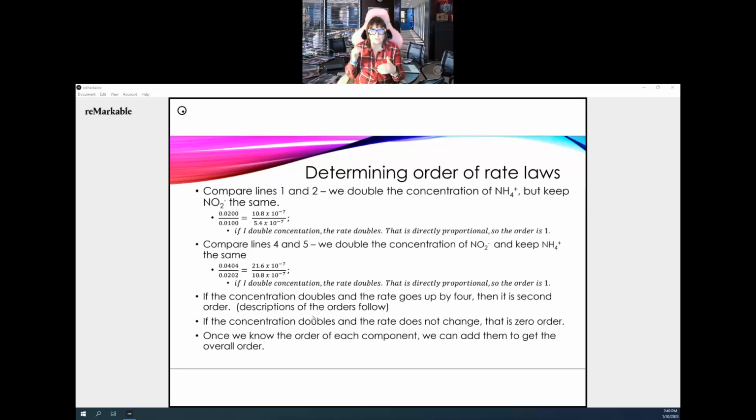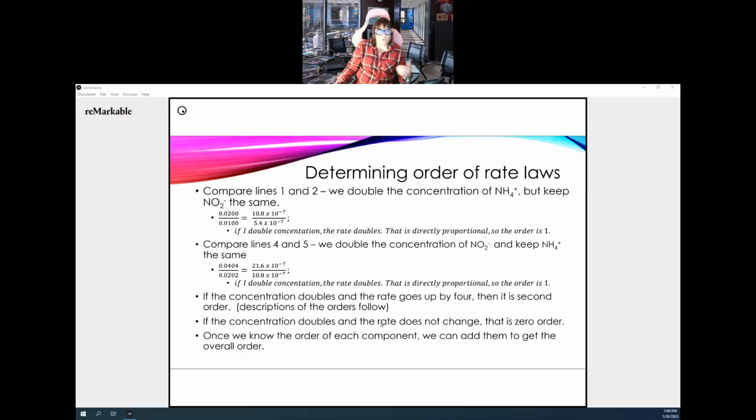So directly proportional, as one goes up, the other goes up directly. That's an order of 1 as well. If the concentration doubles and the rate goes up by 4, that's a second order. We'll talk about what those orders mean a little bit later. If the concentration doubles and the rate does not change, which happens, then the order for that component is 0, so it's not a part of the rate law.